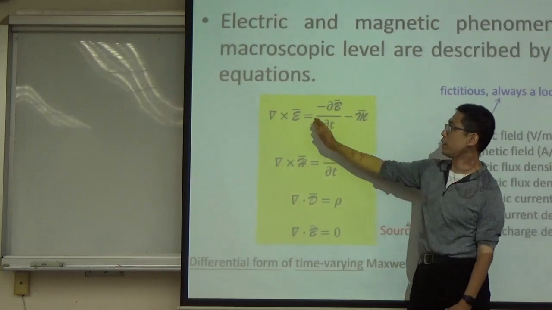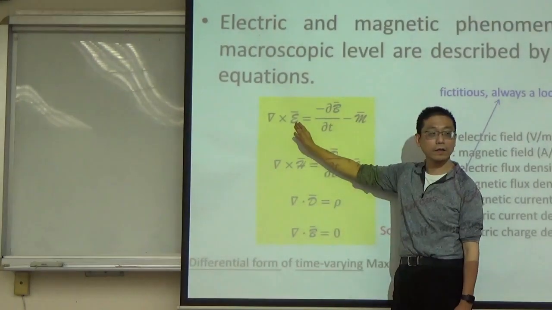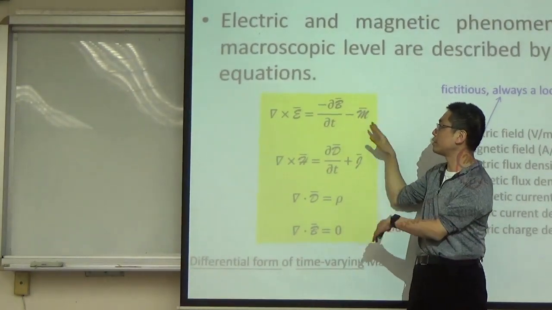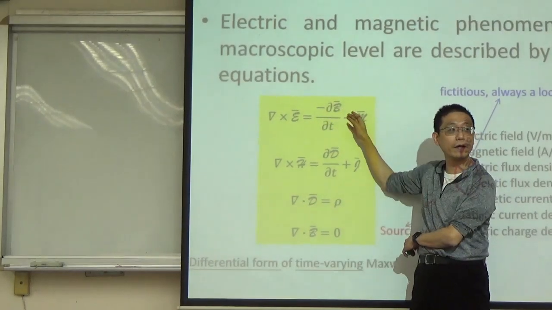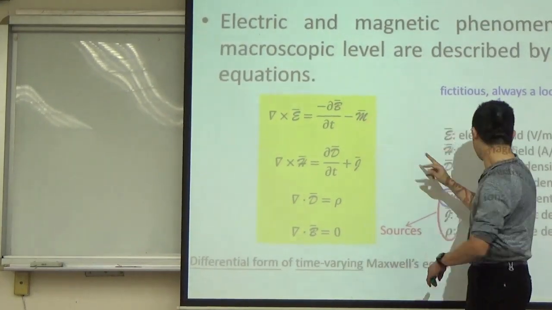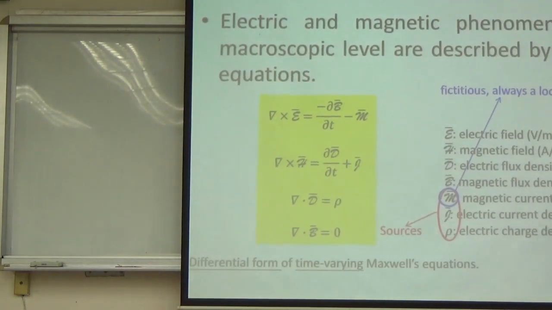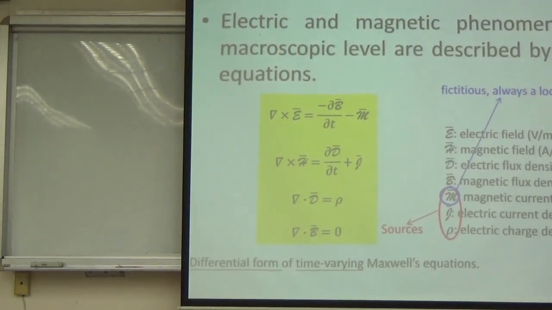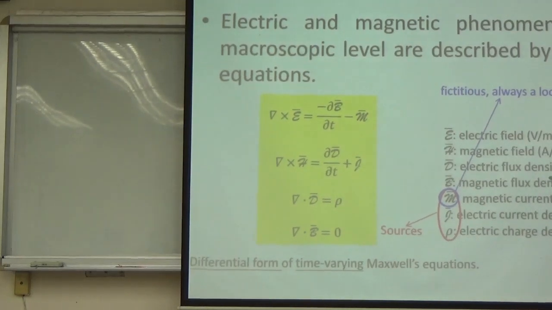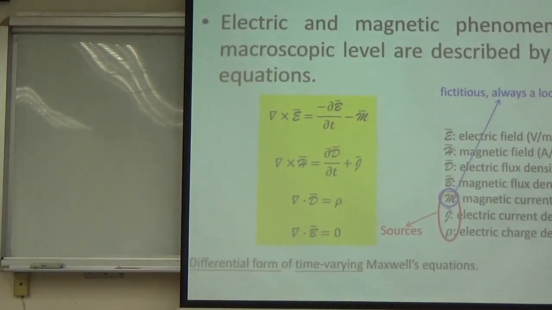If I have an E field, we can do it on this side, this is Faraday's law, right? If I have M, the magnetic current density, which is a source, we have a magnetic current source here.